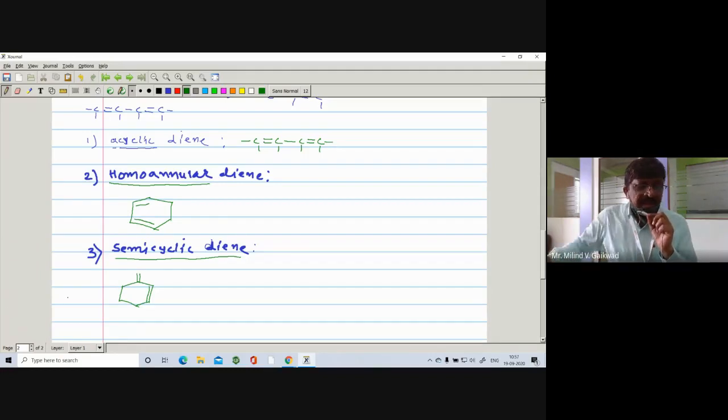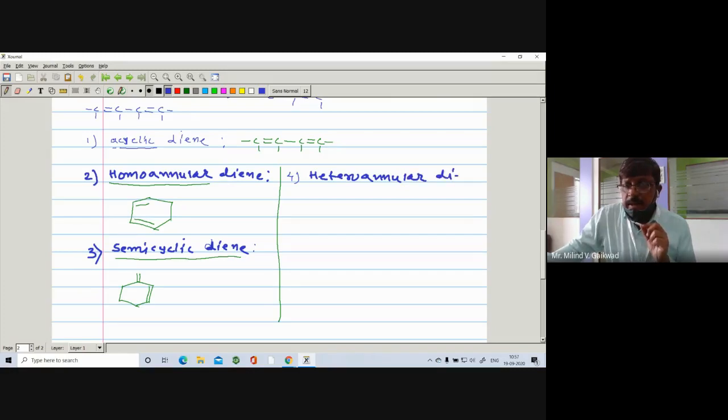So next is the heteroannular diene. Number 4 is the heteroannular diene. Hetero means different.